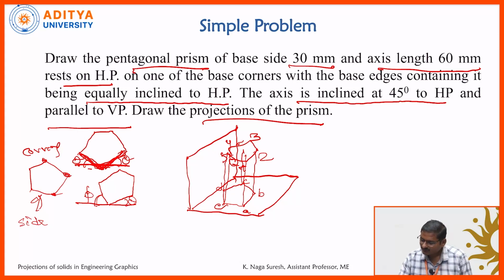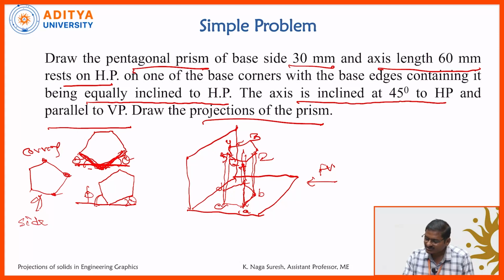When you see the front view, the rectangular faces are visible, and whatever points are towards the observer are visible: A, B, C and 1, 2, 3 are visible. D, E and 5, 4 are not visible, because they are far away from the observer and cannot be seen.